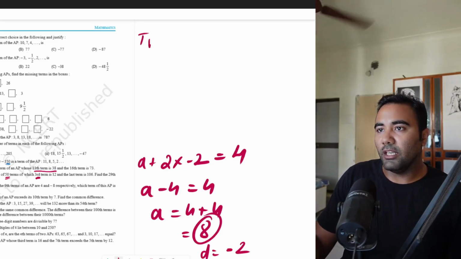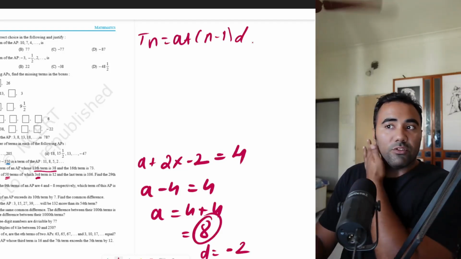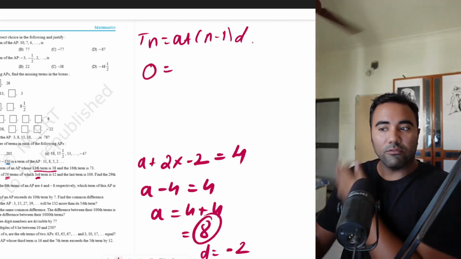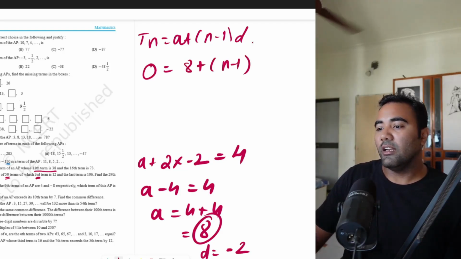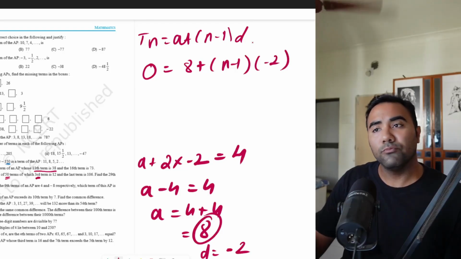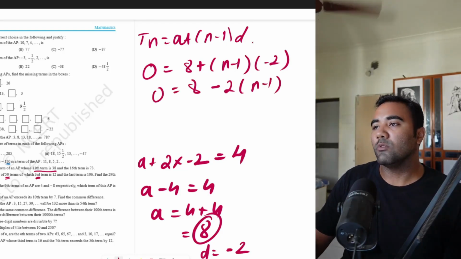So Tn, we have the same formula, a plus n minus 1 d. Which term is 0? So we'll put 0 over here. 0 is equal to a, which is 8, plus n minus 1 times d, which is minus 2. 0 is equal to 8 minus 2 into n minus 1.